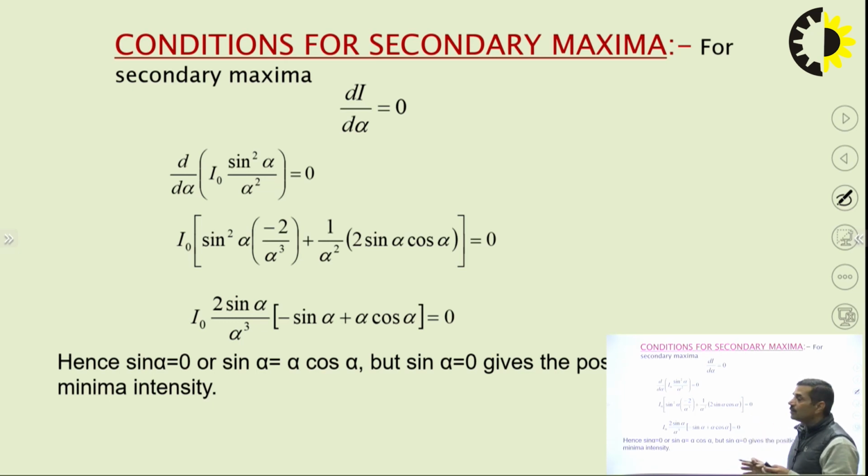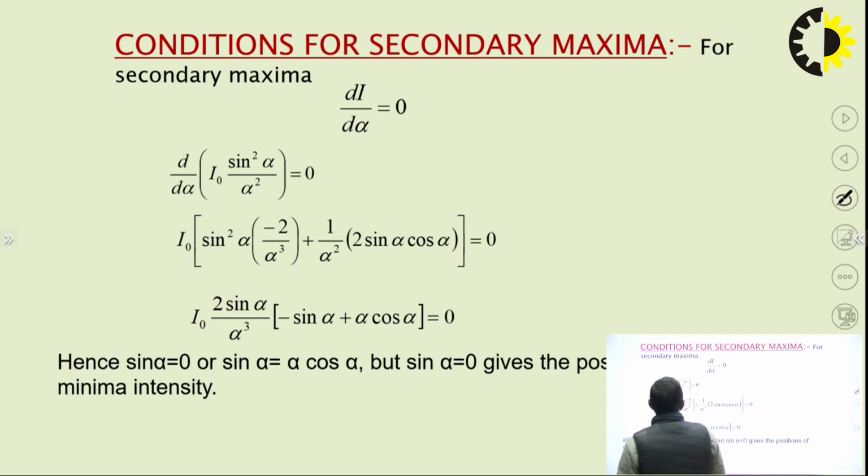To find the condition for the secondary maxima, we take the first derivative of the function equal to 0, because to find the maximum and minimum value of any function, its first derivative should be 0. The function here is the intensity, so dI by d alpha should be 0, where I is I naught sine square alpha upon alpha square. So we differentiate this equation with respect to alpha.